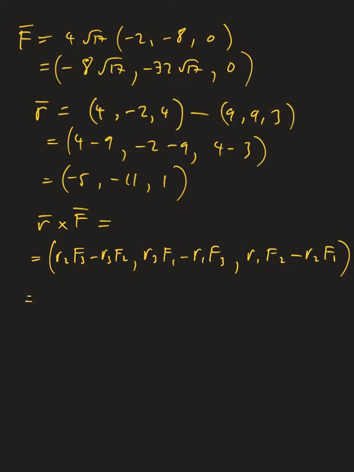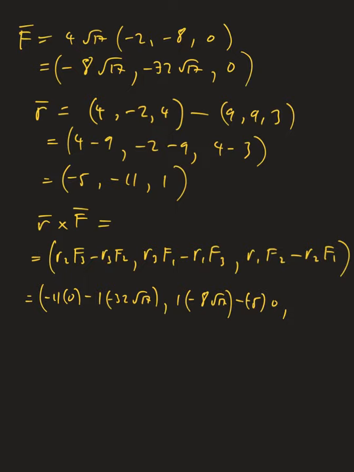So now I'll fill in those numbers. r2 is minus 11, f3 is 0, r3 is 1, and f2 is minus 32 times root 17. For my second component, I have r3 is 1, f1 is minus 8 root 17, minus r1, which is minus 5, times f3, which is 0.